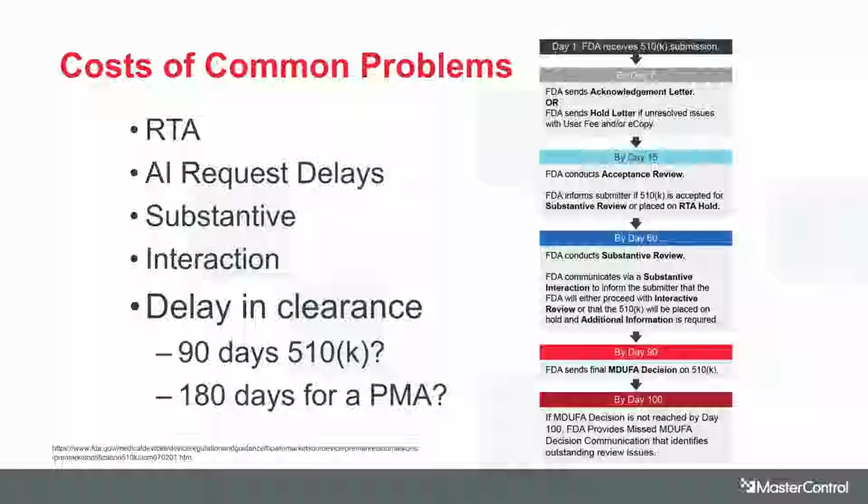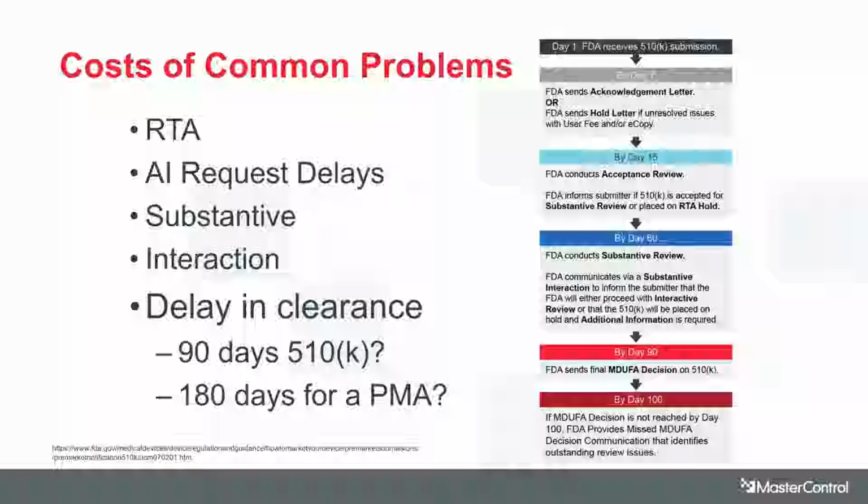Just content formatting, clerical issues, basically, they've accepted. Then you have delays on requests for additional information. You go into more of a substantive review, so they've already rejected you just on the clerical stuff. Now they're going to do a deep dive into the content.